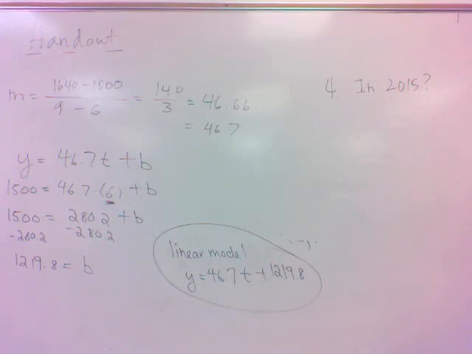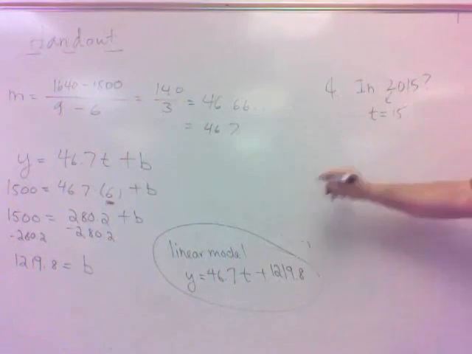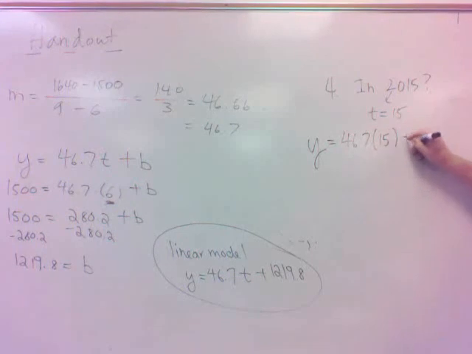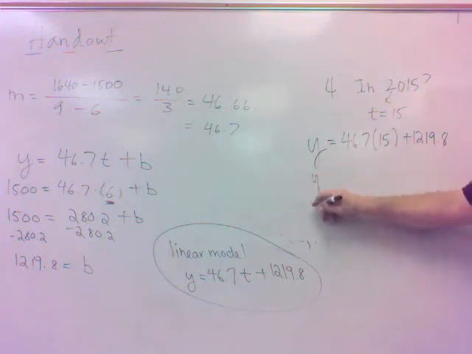I think 2000 was 0, so that would be t equals 15. Yeah, so now we know t is 15, so just plug that in. 46.7 times 15 plus 1219.8. That would get me my enrollment in 2015.